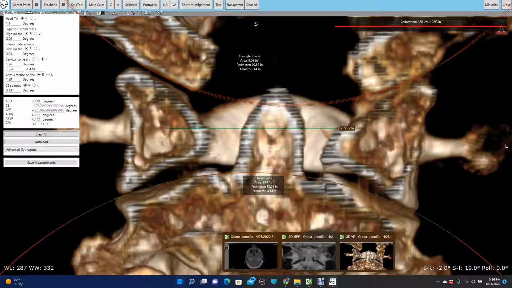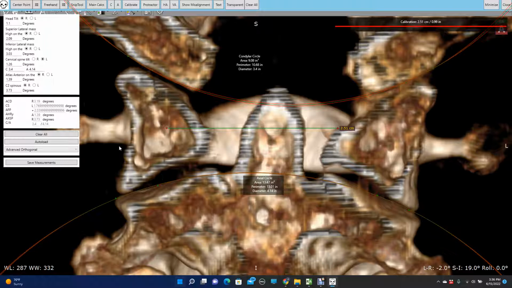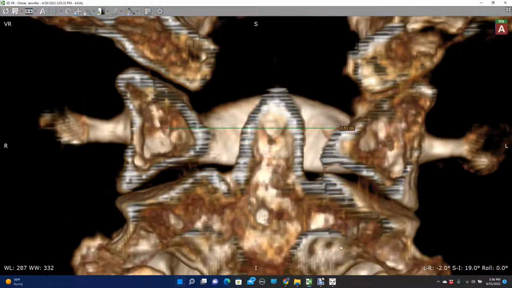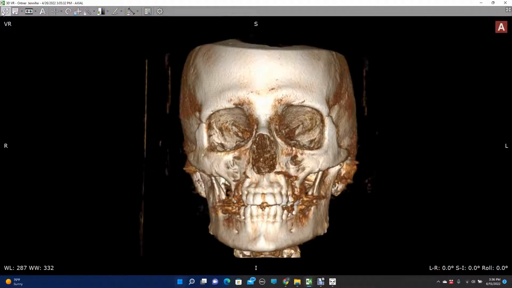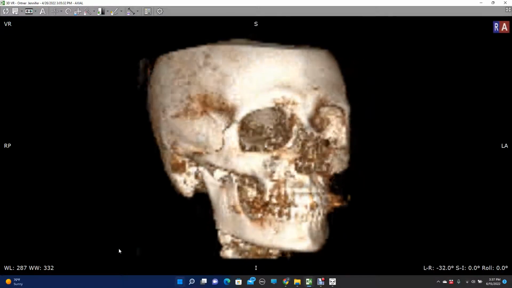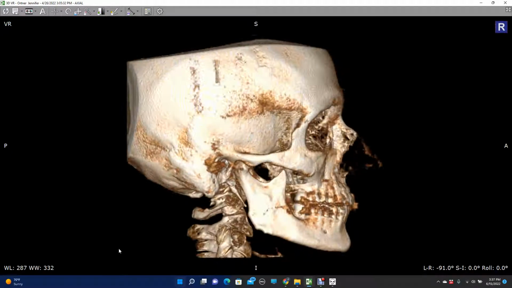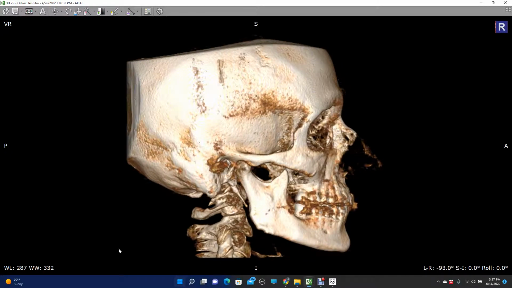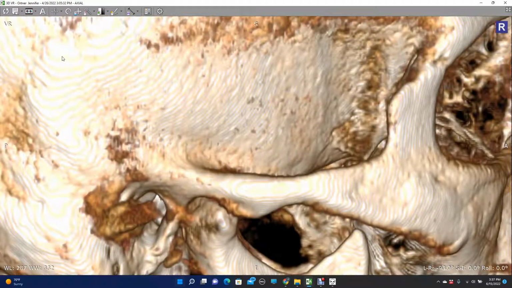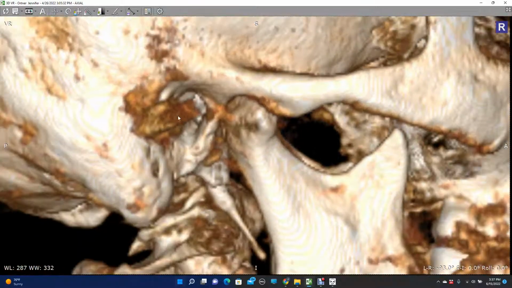Last thing we would need in this case, of course, would be a picture of the right transverse process so we know where to aim our machine. And so if we bring this over to the right side of the image, let's just clean that up first. Zoom in on your transverse process.